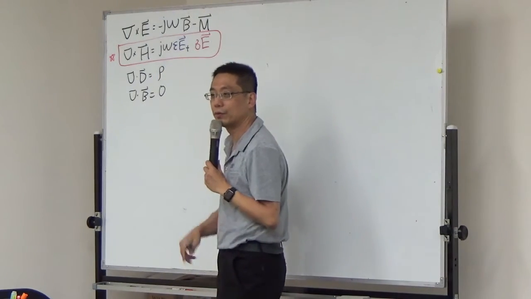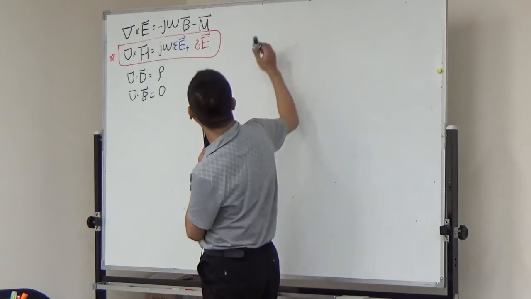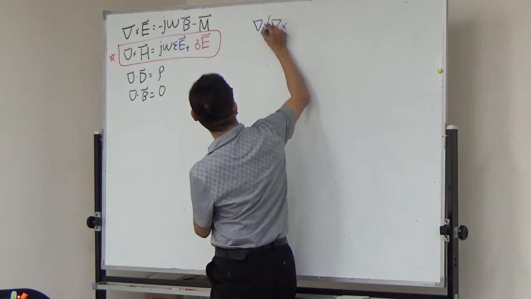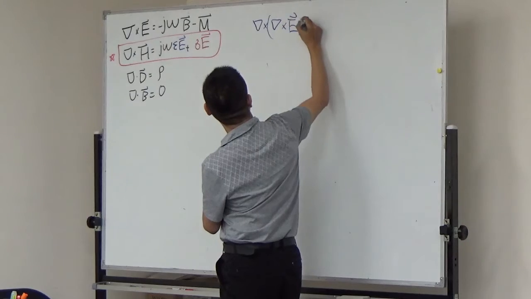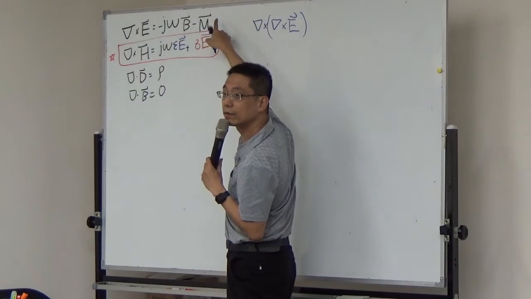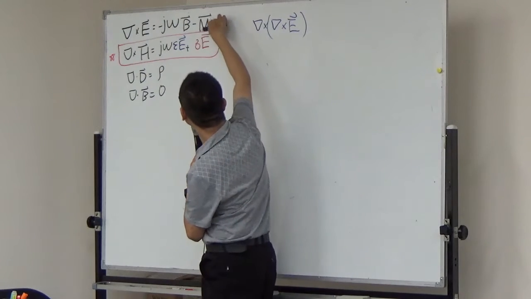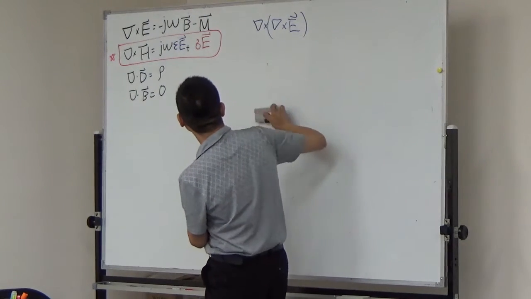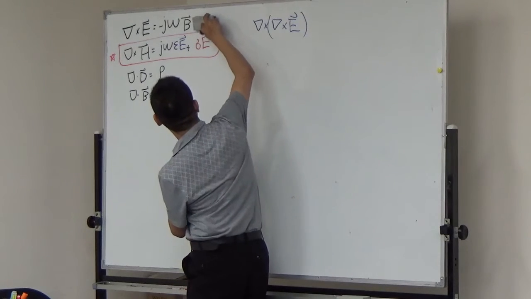The same, we do the same technique again. We take twice the second curl of the first equation. Okay, we still don't have this part. Don't worry about M, the capital M does not exist.